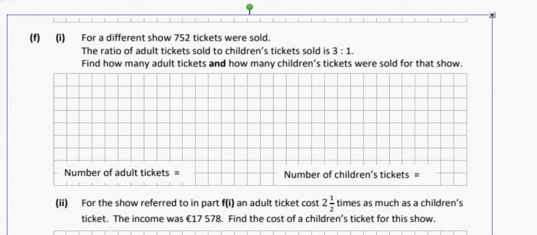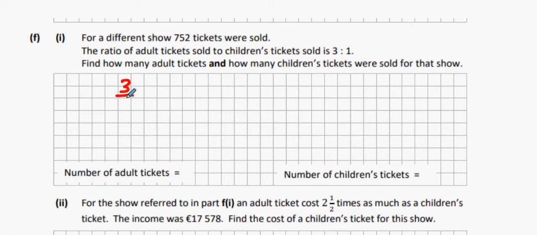Oh, here. There's another part. For a different show, 752 tickets were sold. The ratio of adult tickets sold to children's tickets is 3:1. So 3:1 means that if you add 3 plus 1 together, that's 4.